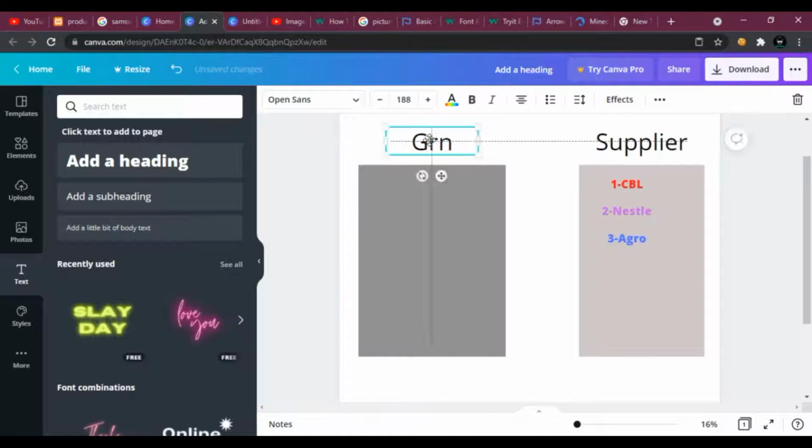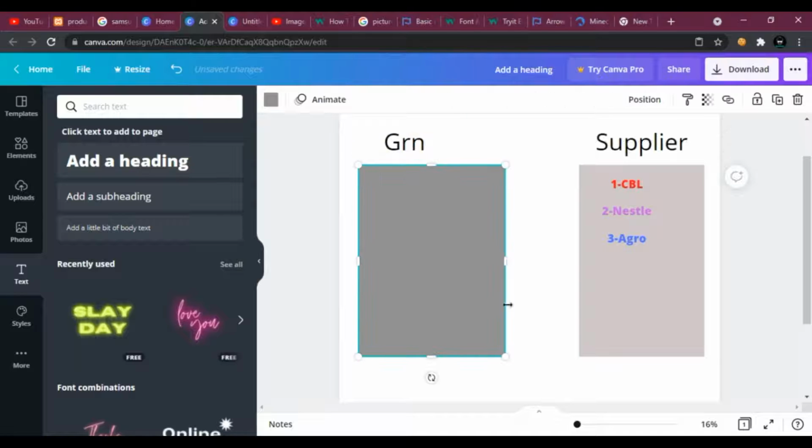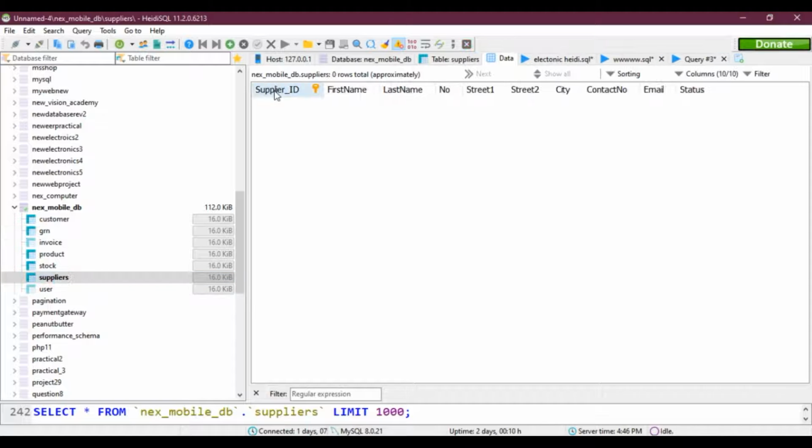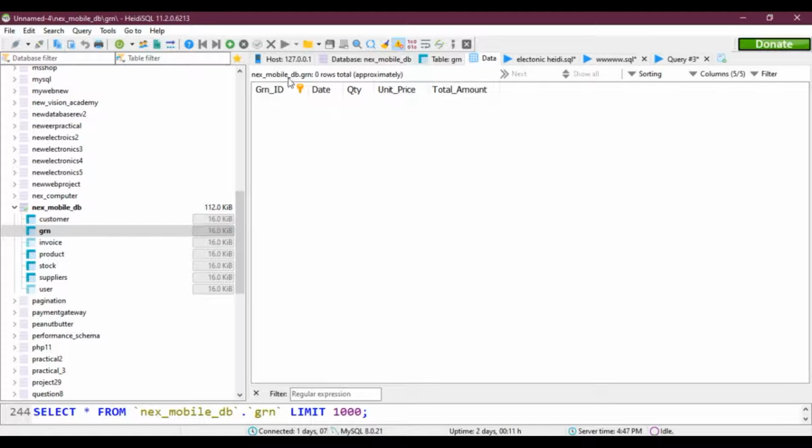In the supplier table, the supplier ID has to be unique, so you can identify each supplier by the supplier ID or email, but in this case the primary key is the supplier ID. Also in the GRN table, GRN ID is the primary key. There is also a column for date, and there is a quantity, unit price, and the total amount.